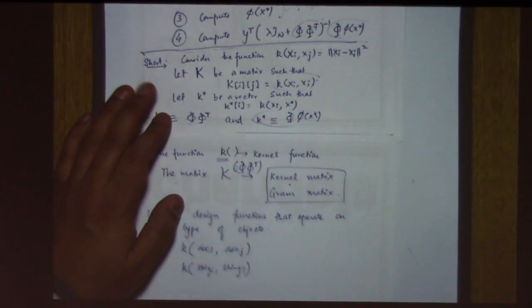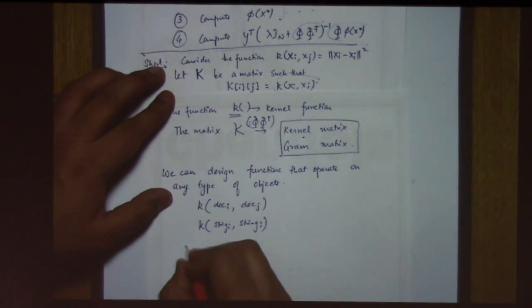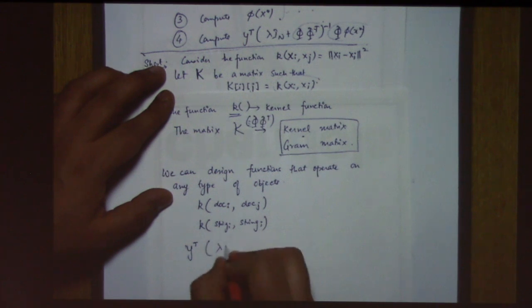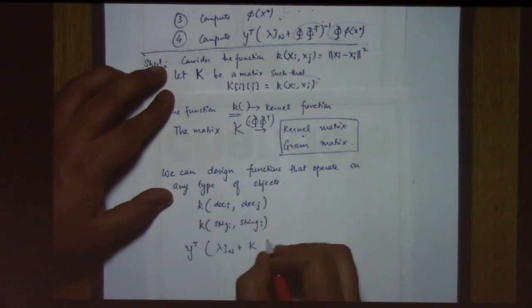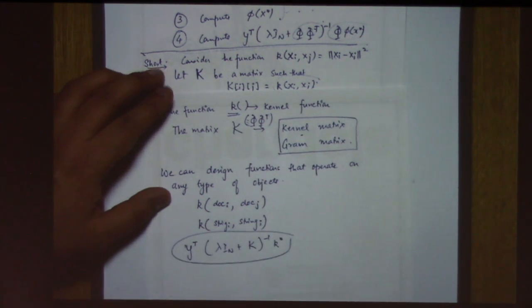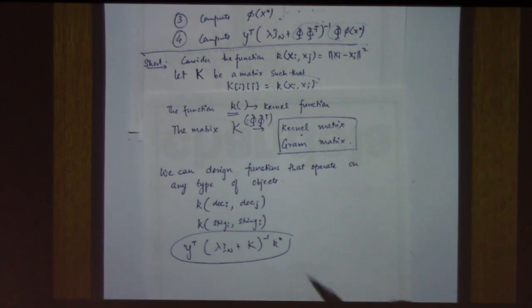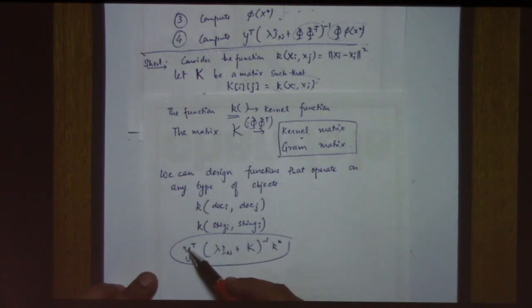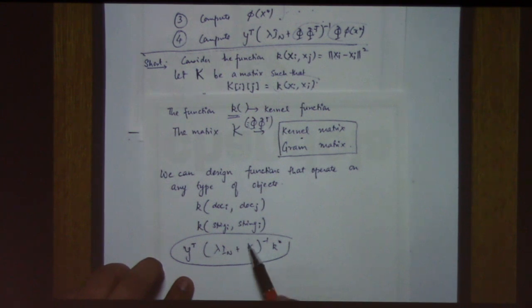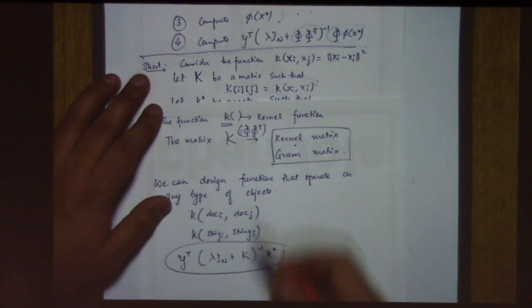Because what will eventually happen is that the prediction would be y transpose times lambda I n plus K inverse, times k star. So if you have training data in which you have a bunch of objects and their corresponding target values, you can create this kernel matrix by applying this function on each pair, and you can create this kernel vector by applying it to the new object and the training objects.